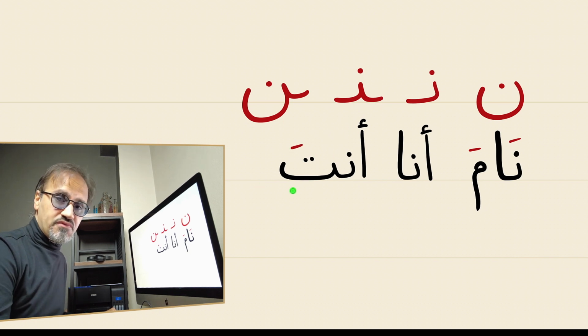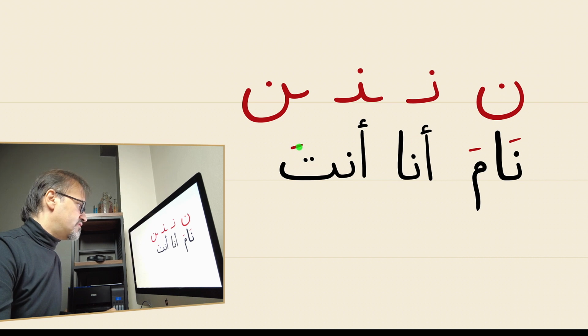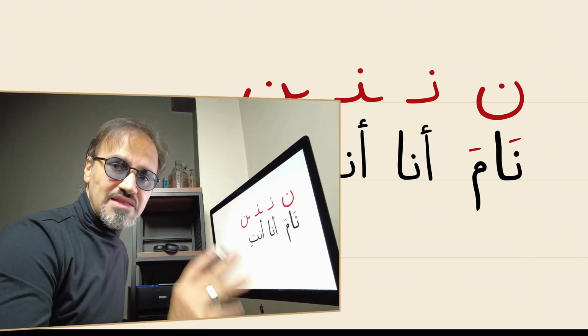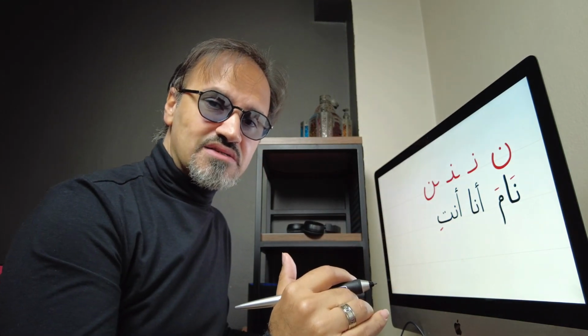If I wanted to make this for the feminine, all you have to do is take this out and put it at the bottom. It becomes nt. So we have ente with a fatha on top, and then nt with that kasra at the bottom.